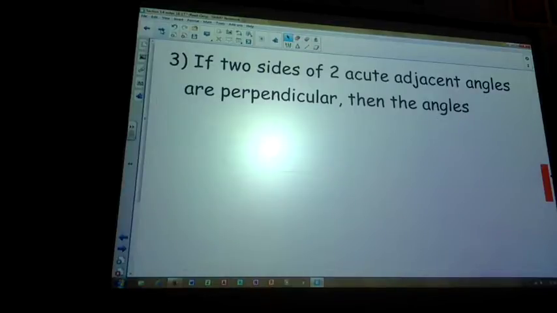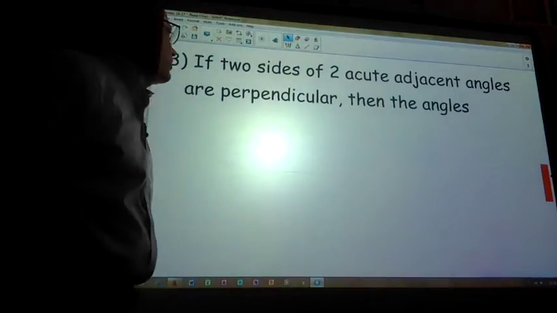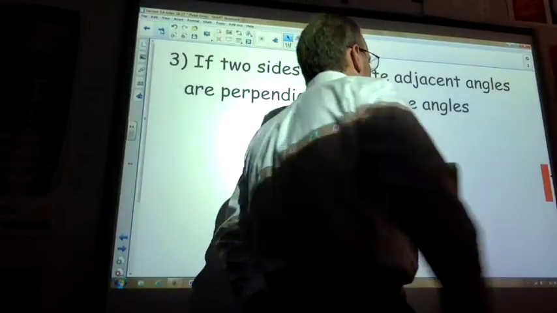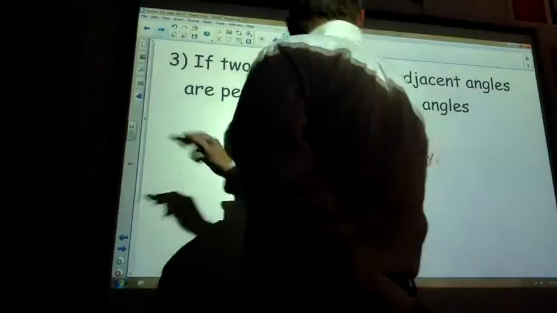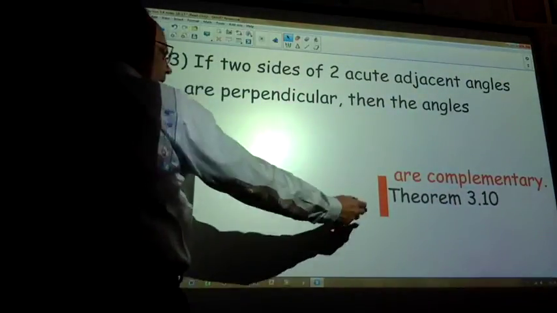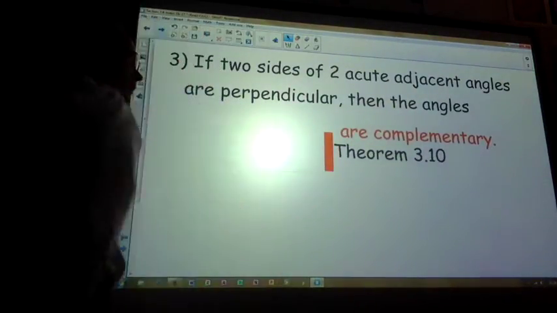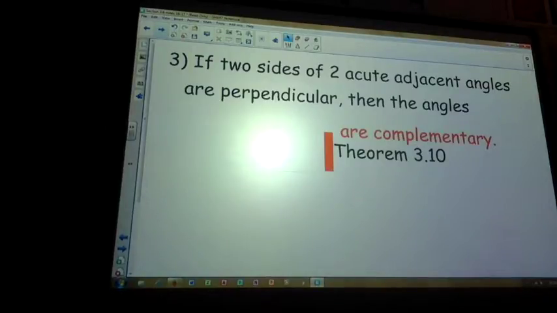This is really hard. All right, if two sides of two acute adjacent angles are perpendicular, then the angles are complementary. Yay! Two sides of two adjacent angles are perpendicular, then the angles are complementary.